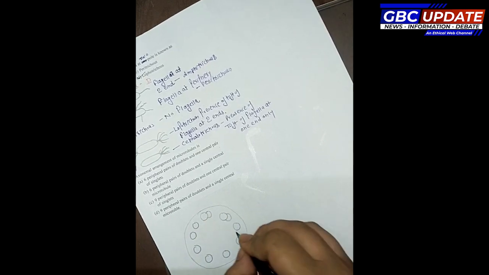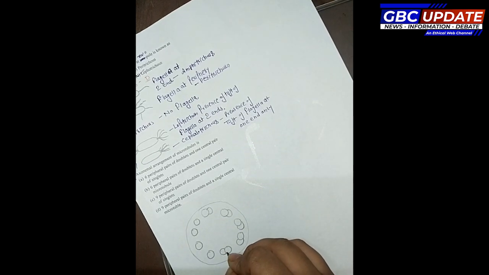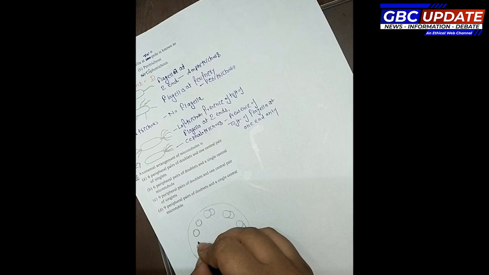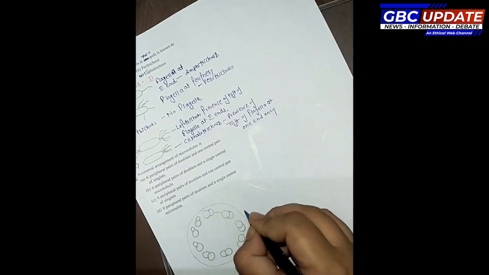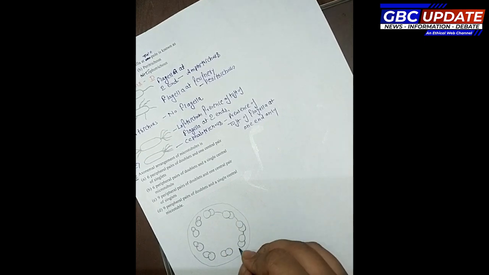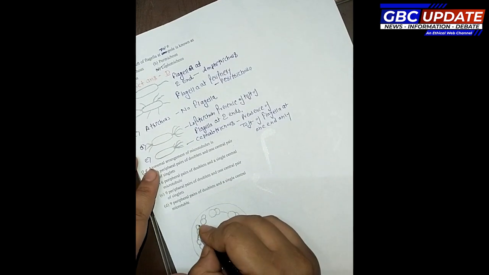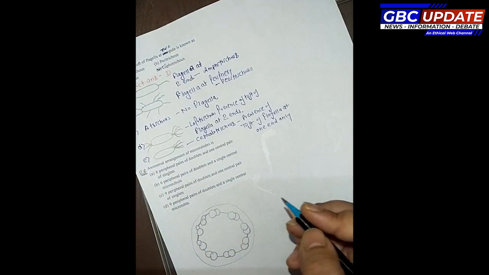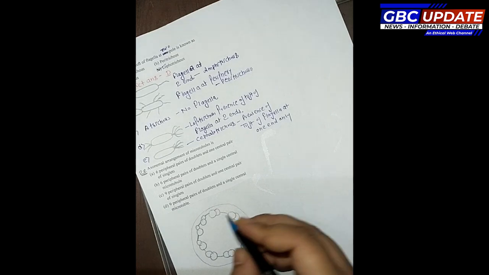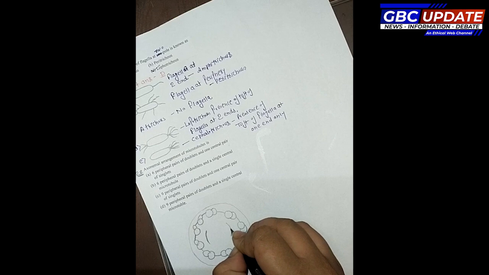In the peripheral doublet, the A subtubule is complete, and the B subtubule is incomplete, containing only 10 protofilaments. We can name them as A and B. All of them are joined with each other. Each A is attached to the B of the next doublet, and inner to this is the central sheath.